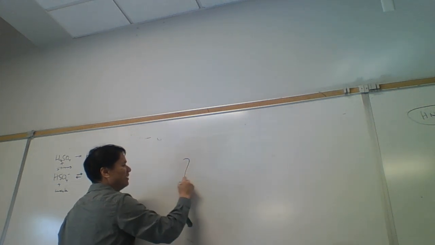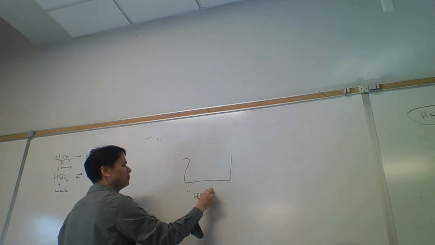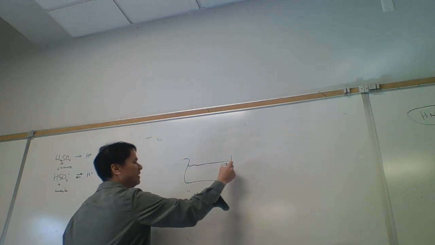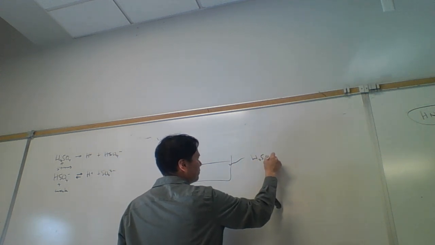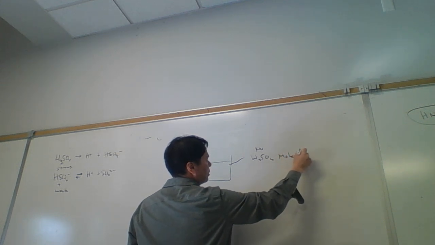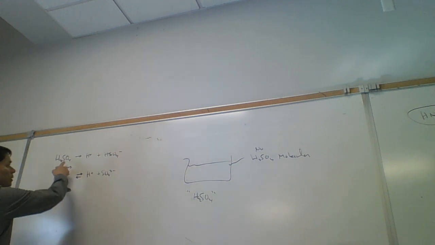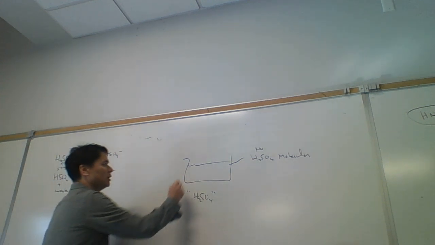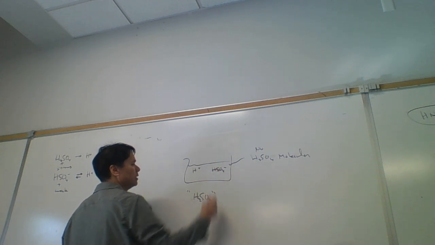And so if I have a beaker labeled H2SO4, what do I expect to find in here? Well, I expect to find no H2SO4 molecules, because H2SO4 is a strong electrolyte, all those molecules will have broken apart into H plus and HSO4 minus. So I expect to find H plus, HSO4 minus in here.